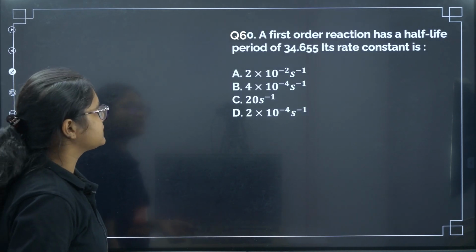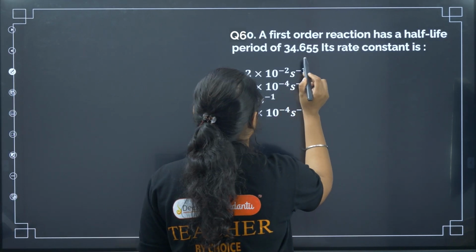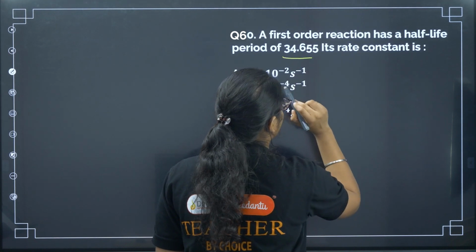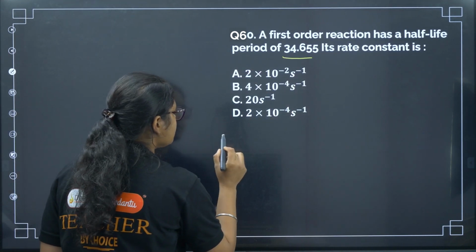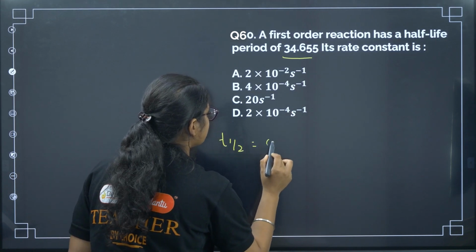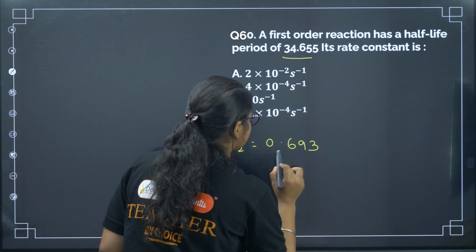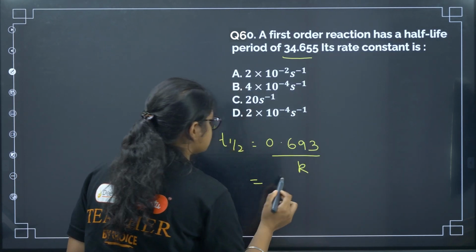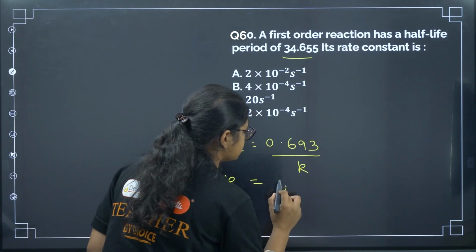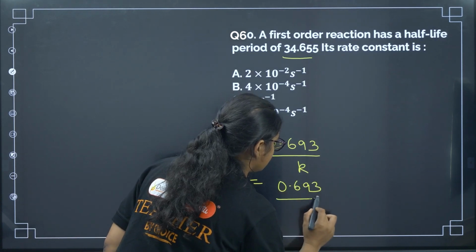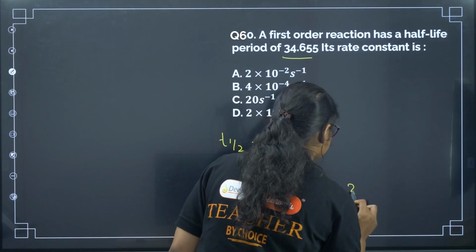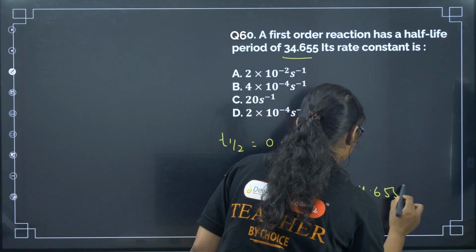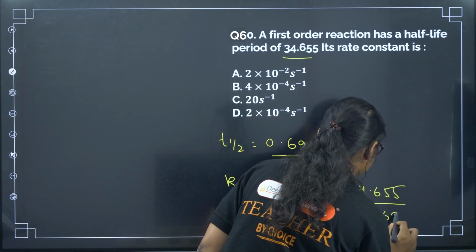Next, a first order reaction has a half-life of 34.655, its rate constant is. So this is a very simple question, you have to use the formula. Half-life of first order is equal to 0.693 by K, right? So we can substitute here, K is equal to 0.693 by T half, so that is equal to 0.693 by 34.655.